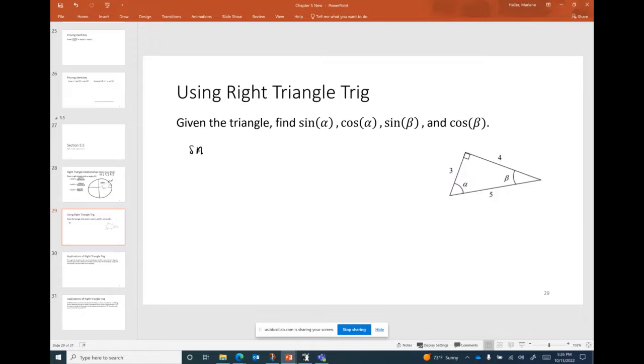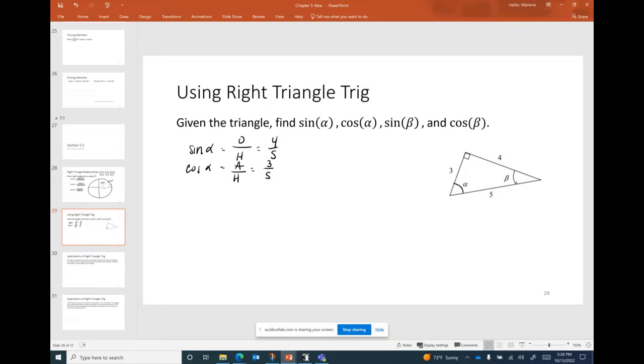The sine of alpha is going to be the opposite side over the hypotenuse. The opposite side of alpha is 4, and the hypotenuse is 5. The cosine of alpha is going to be the adjacent side over the hypotenuse. For this triangle, the adjacent side to alpha is 3, and of course the hypotenuse is 5.